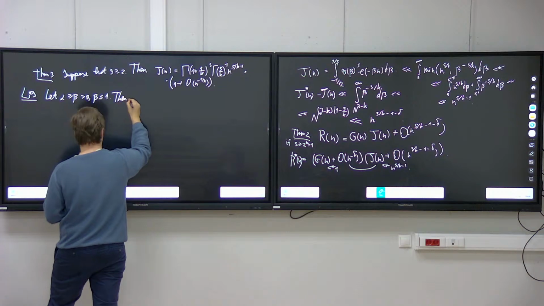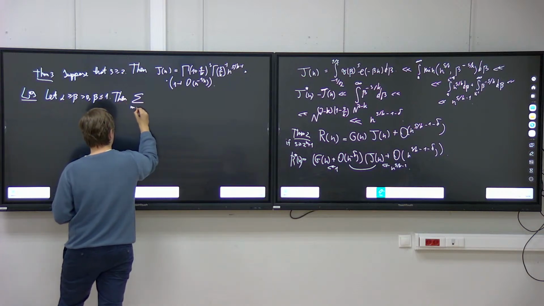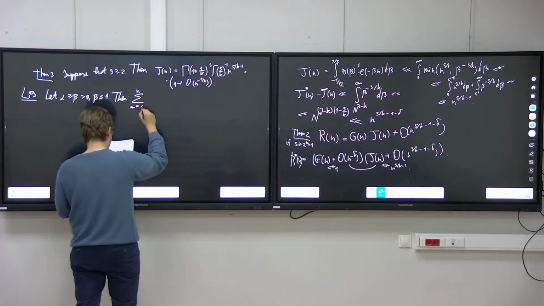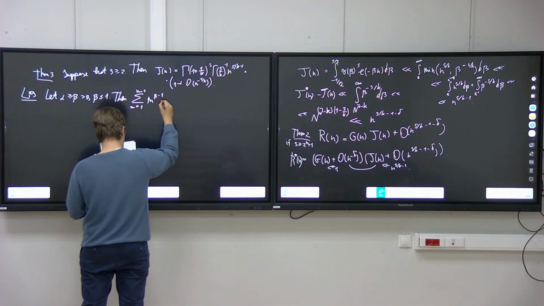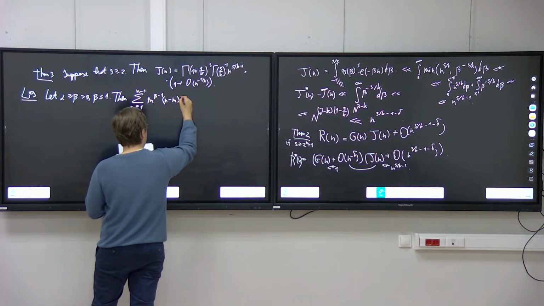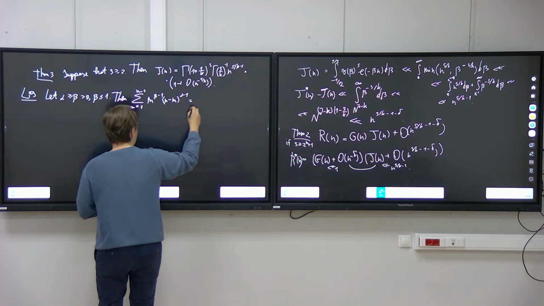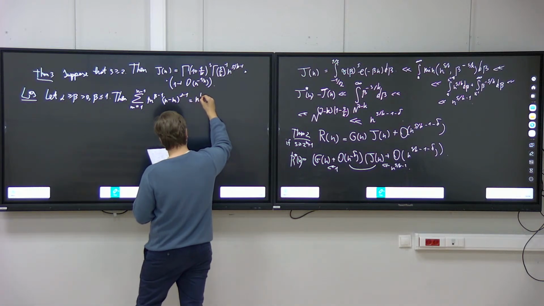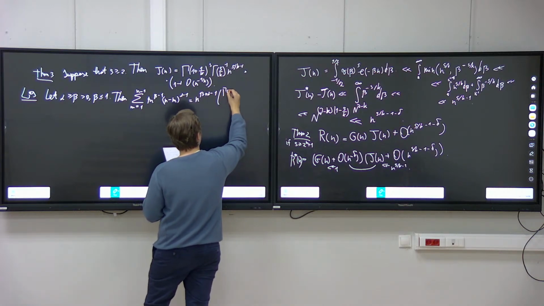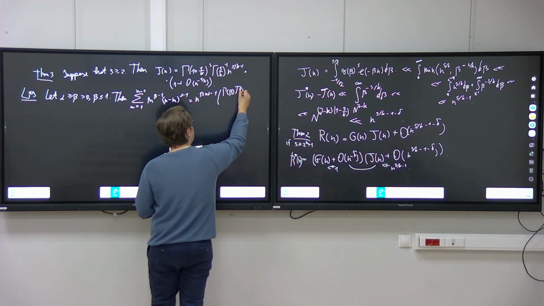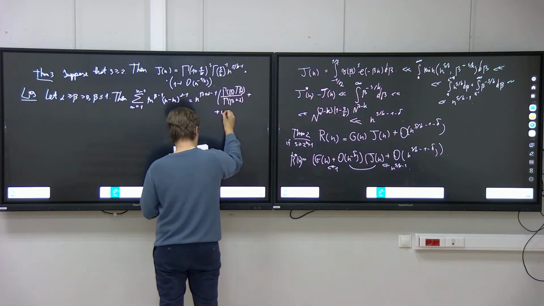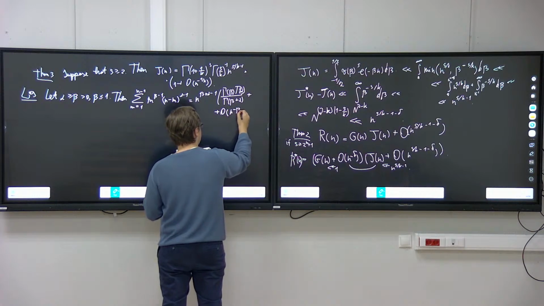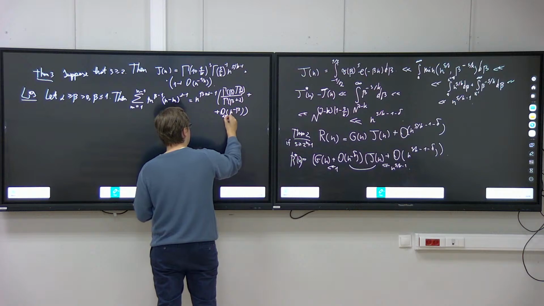Then the sum from n1 up to n minus 1 of n to the power beta minus 1, n minus n to the power alpha minus 1, this is equal to n to the power beta plus alpha minus 1, gamma of beta, gamma of alpha over gamma of beta plus alpha, plus big O of n to the power minus beta. And it depends on alpha.